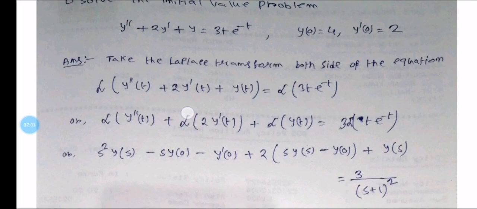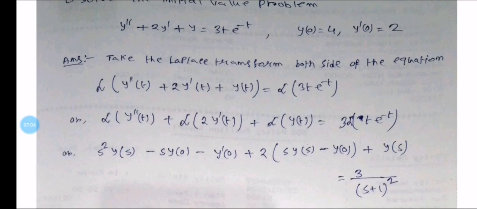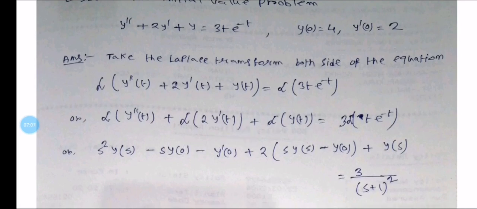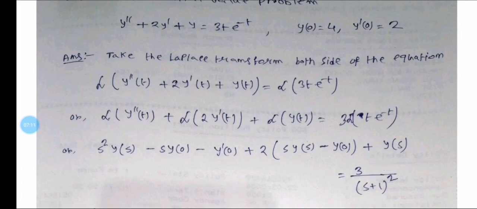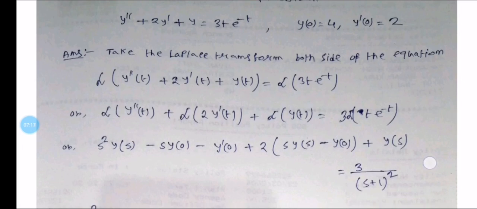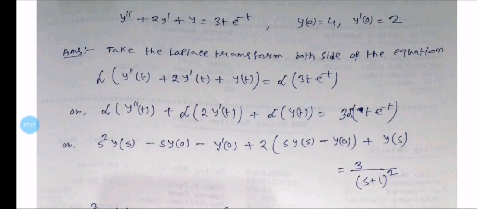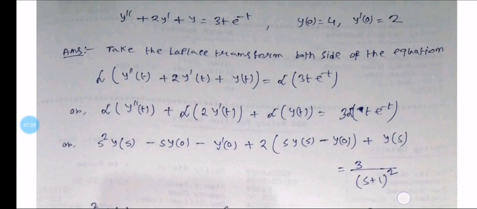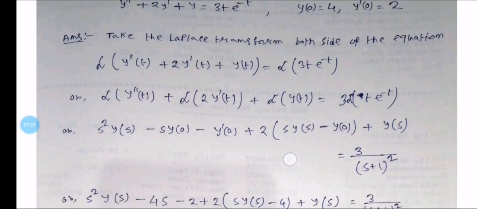Similarly, L of 2y dash t: 2 will come out, so L of the first derivative y dash is s y of s minus y of 0. Similarly, L of y t is the Laplace transformation y of s. In this case 3 will come out, so L of t to the power minus t is 1 by s plus 1 square.